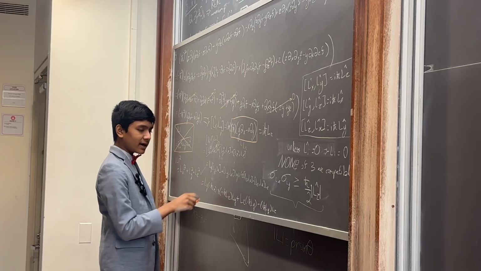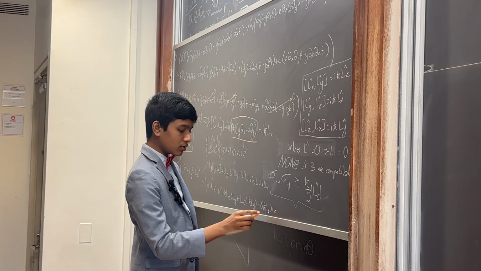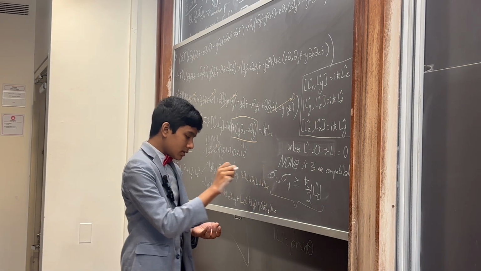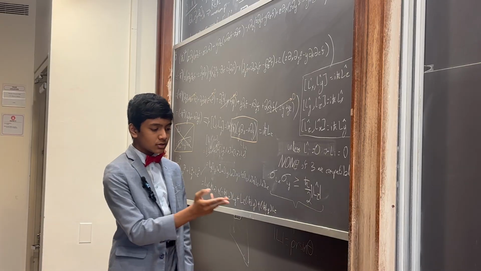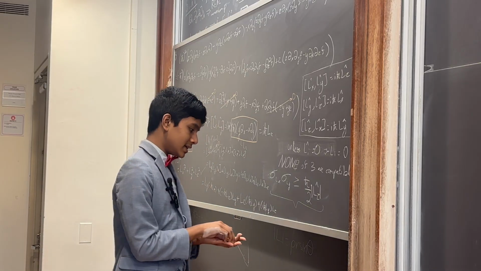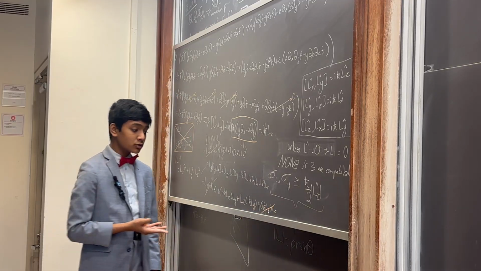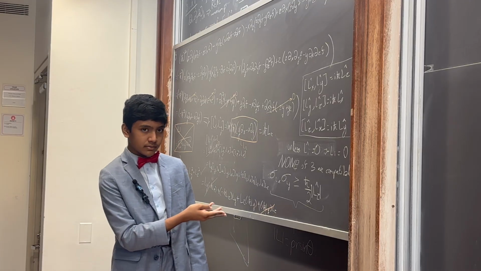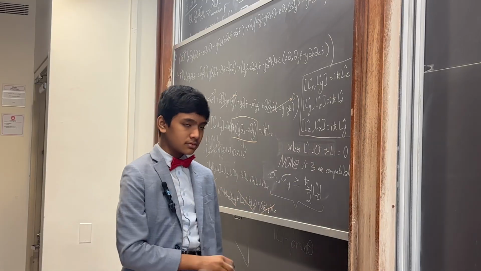This term is minus iħLyLz, and this term is plus iħLyLz. Hence, they should cancel out. And notice similarly, this term is minus iħLzLy, and this term is iħLzLy. Hence, they should cancel out.